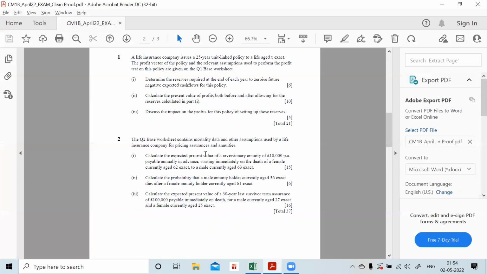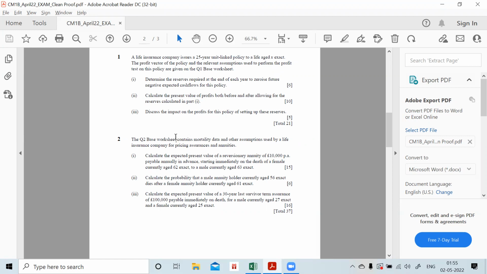to question 2. The question 2 worksheet contains mortality data and other assumptions used by a life insurance company for pricing assurances and annuities. Calculate the expected present value of a reversionary annuity of 10,000 per annum payable annually in advance, starting immediately on death of a female currently aged 62 exact to a male currently aged 63 exact.